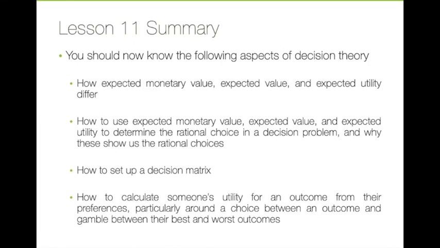And with that, we have the basis of our introduction to decision theory. So you should now know how expected monetary value and expected utility differ. You should be able to use expected monetary value and expected utility to determine what's the rational choice in a decision problem, and also know why each of these shows us a rational choice.